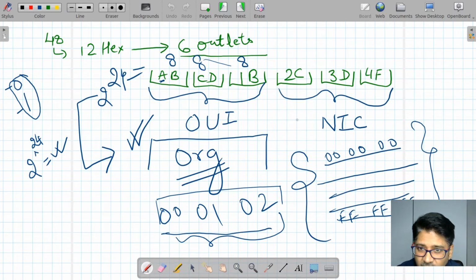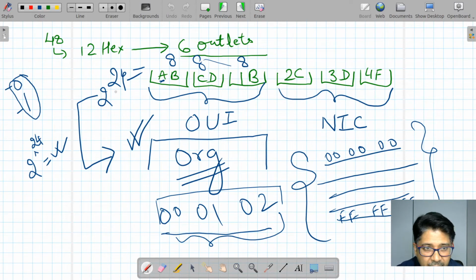We have 6 octets, and we segregate them into the OUI, organizationally unique identifier, and the NIC part. The OUI belongs to the company, a unique representation of the organization, provided by the IEEE.